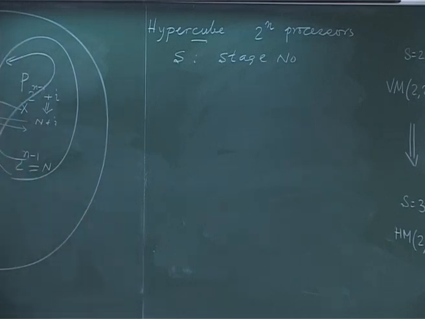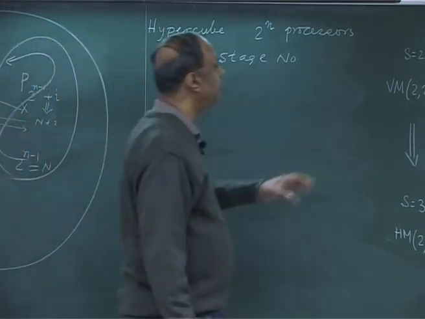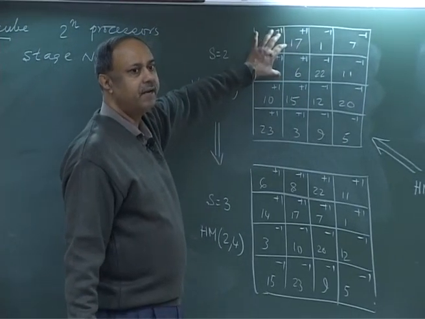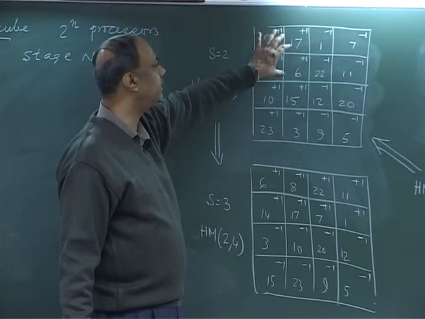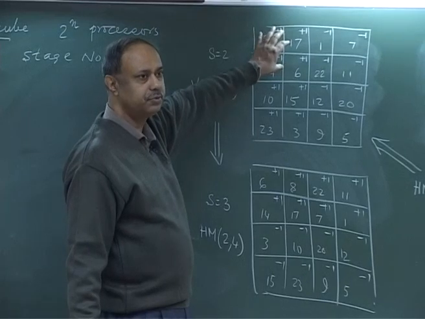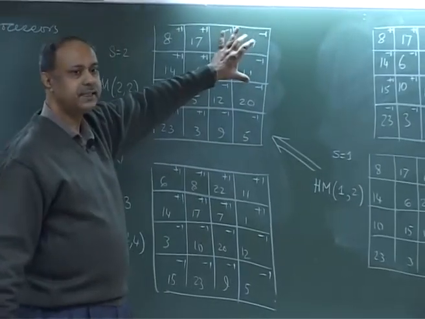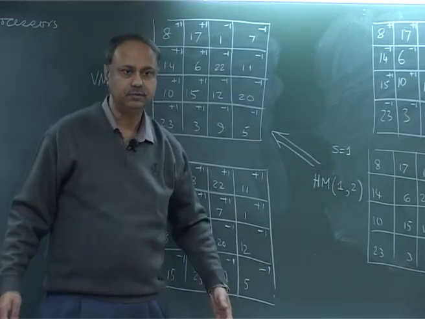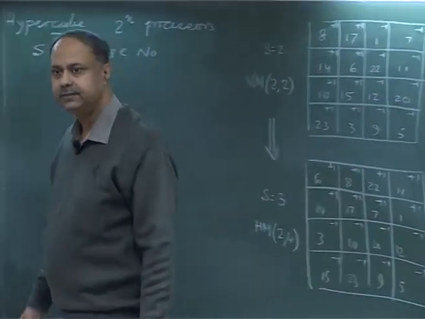In the case of mesh connected, you observe this: assume that this is a hypercube of size 2, this is another hypercube of size 3, this is another hypercube of size 16, and so on, right.